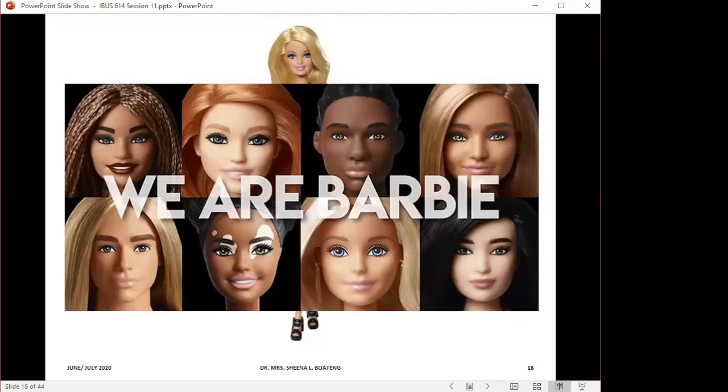So they added different kinds of Barbie. We can see from this small diagram, they have the Barbie with vitiligo, a Barbie that is Asian, a Barbie that has braids, a Barbie that has dimples, Barbies with thick lips, Barbies with thin lips, Barbies with different skin tones, right?